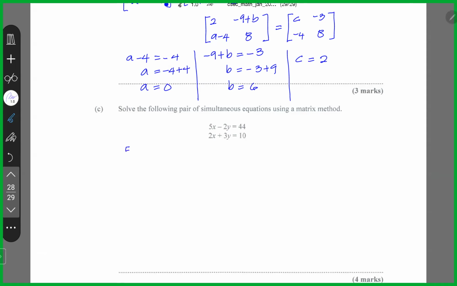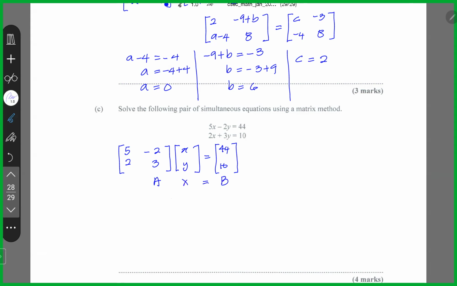This is 5, 2, minus 2, 3, and xy is equal to 44, 10. This is AX is equal to B. X is the unknown.